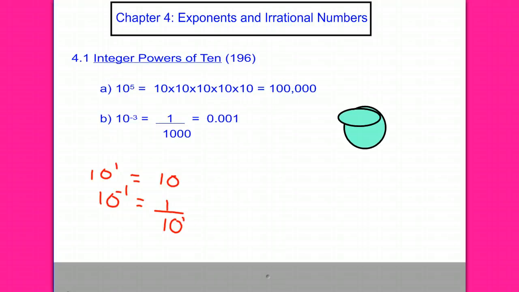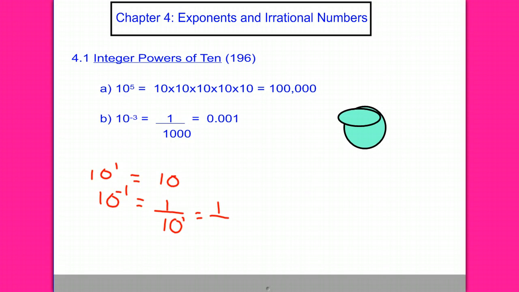So it's 1 over 10 to the 1st, which is just 1 over what? 10 to the 1st is? 10, you already said that. Okay? 1 over 10.